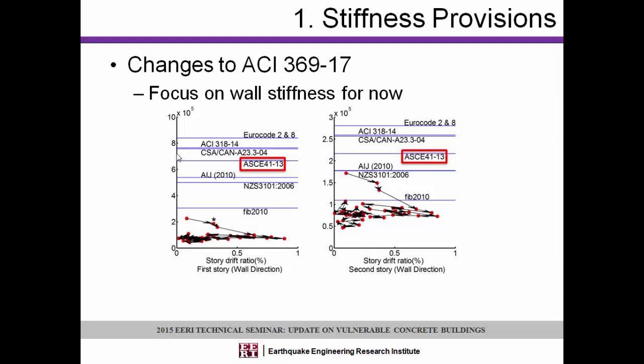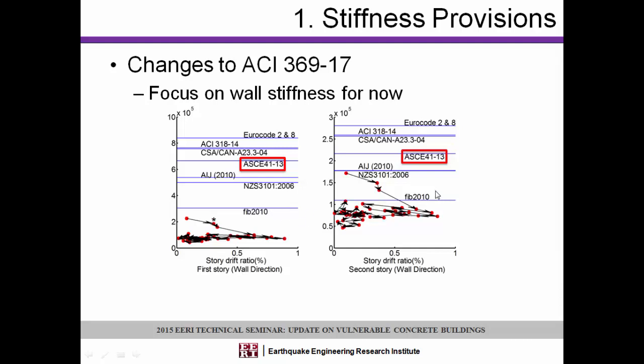We look at ASCE 41 here in the first story, in the second story, still quite a bit. The first story rotation really governs a lot what happens in the higher stories. So if you get the first story right, or where that big rotation is, then things get better. But what came out of all this was that FIB was here and right there.